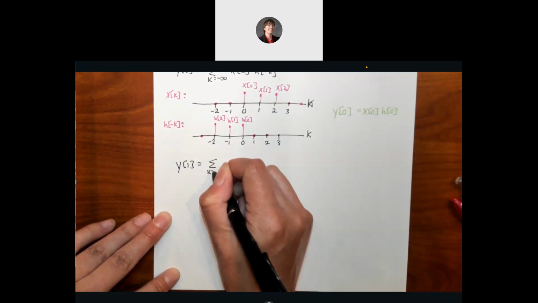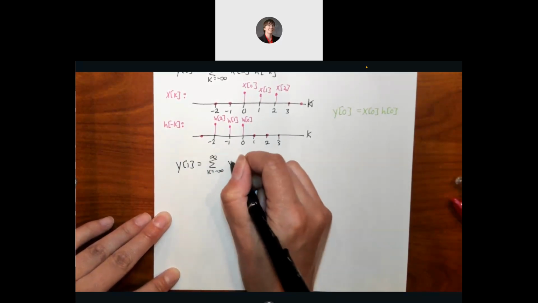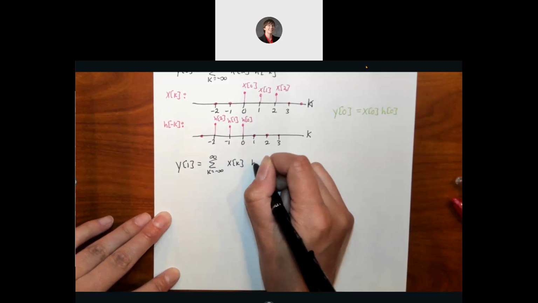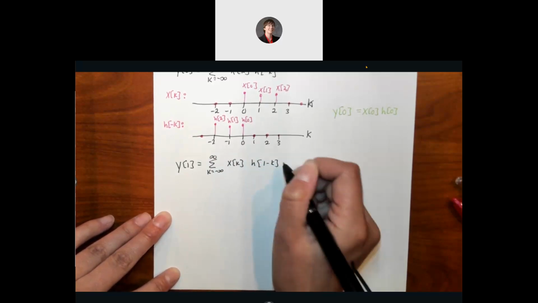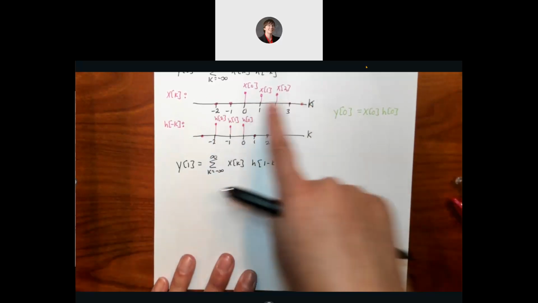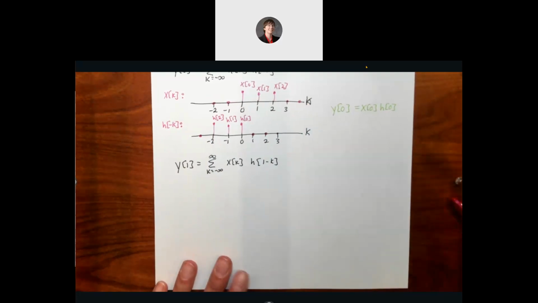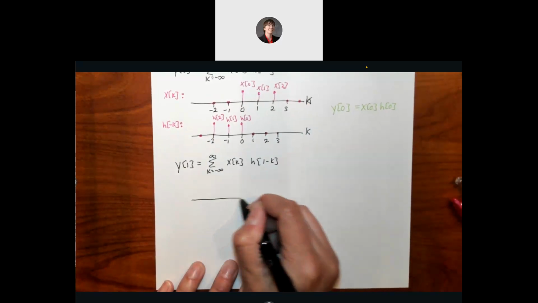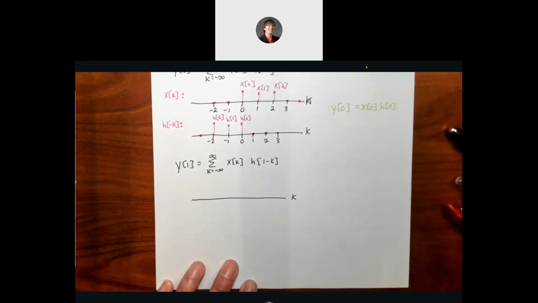So for, say, y of 1, you would have the summation of x of k, h of 1 minus k. So your x of k is going to stay the same.